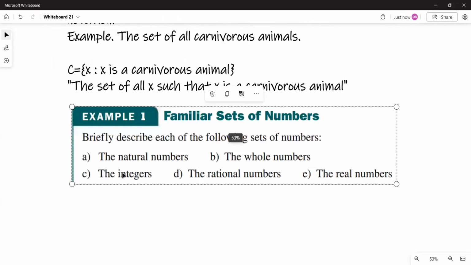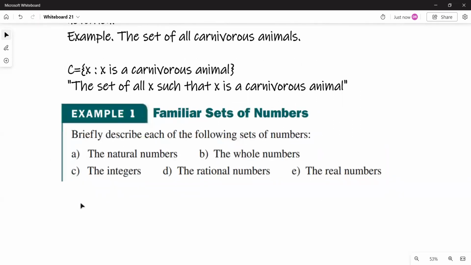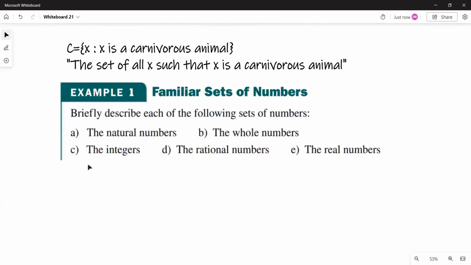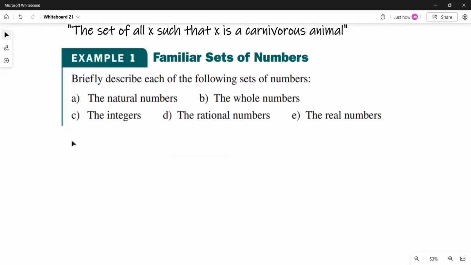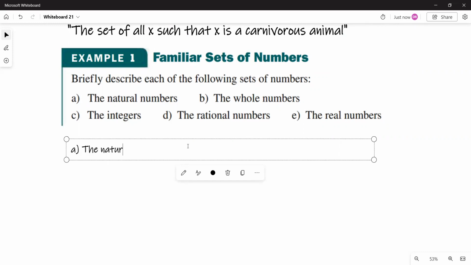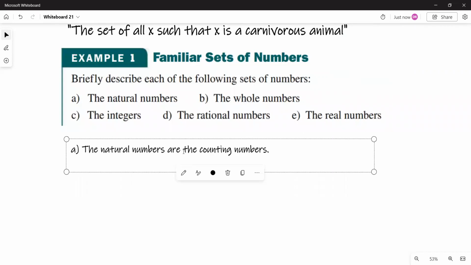We're going to briefly describe each of the following sets of numbers. Okay, the first set is the set of natural numbers. So the natural numbers are the counting numbers. We can denote the set with the letter N.